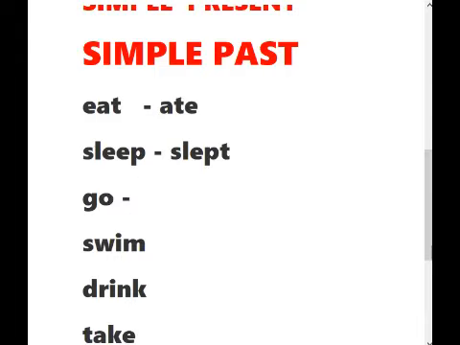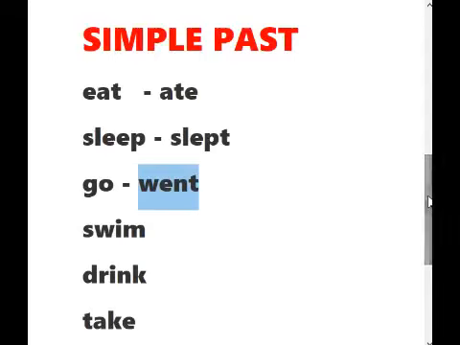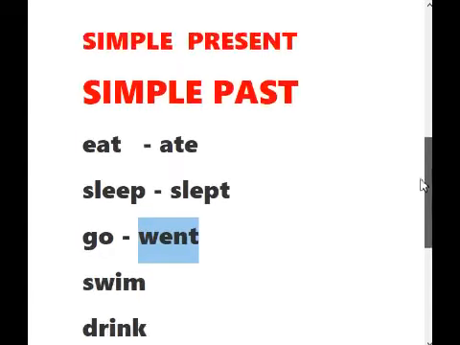When you say go, you go to school every day, you go to work every day, that's go. And the simple past would be went. So the spelling changed again. So all you have to do is memorize all the spelling.